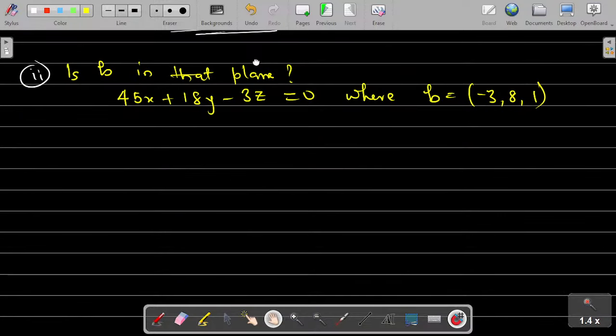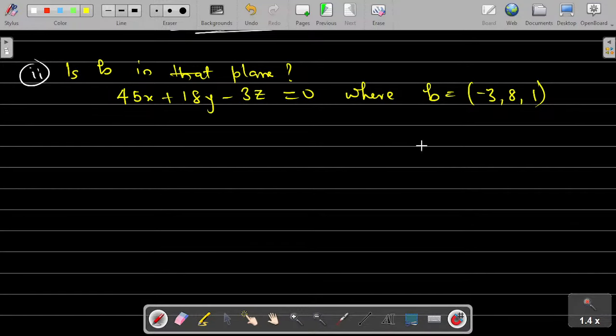All right, so what are we going to have? For you to know whether this particular B is in the plane, just substitute your x as minus 3, y as 8, and z as 1. So you get 45 into minus 3.